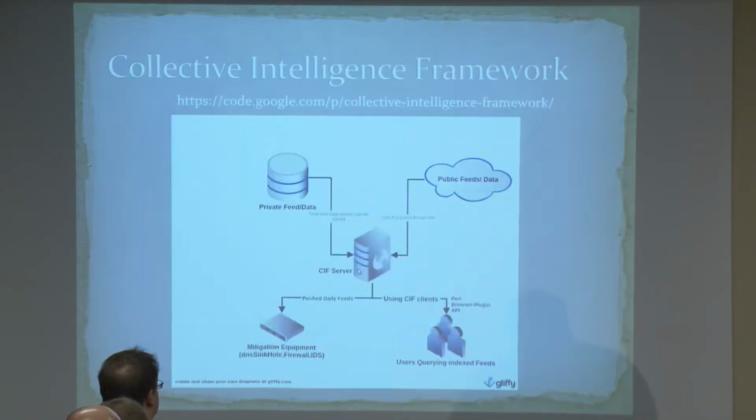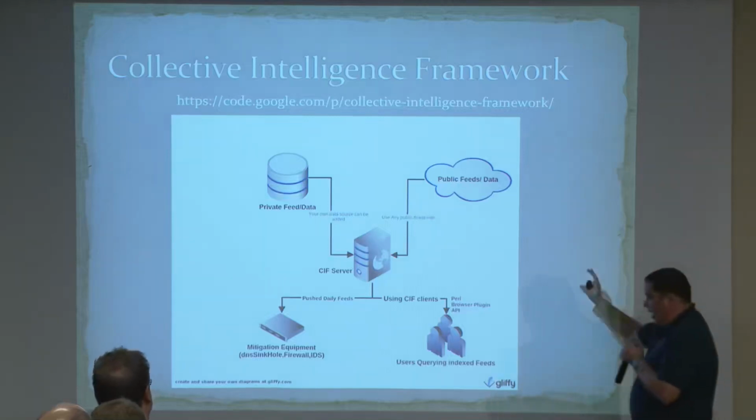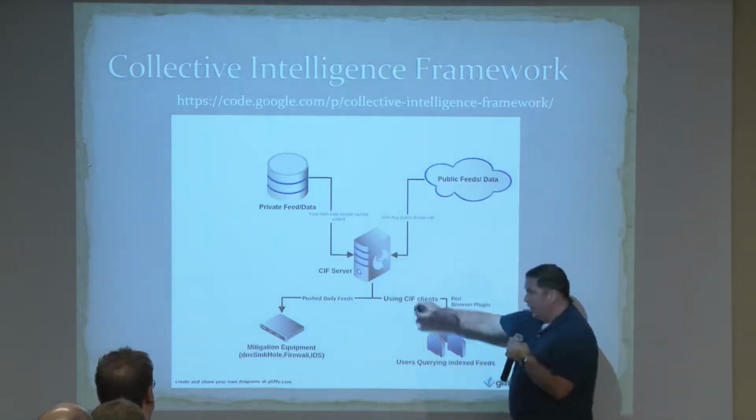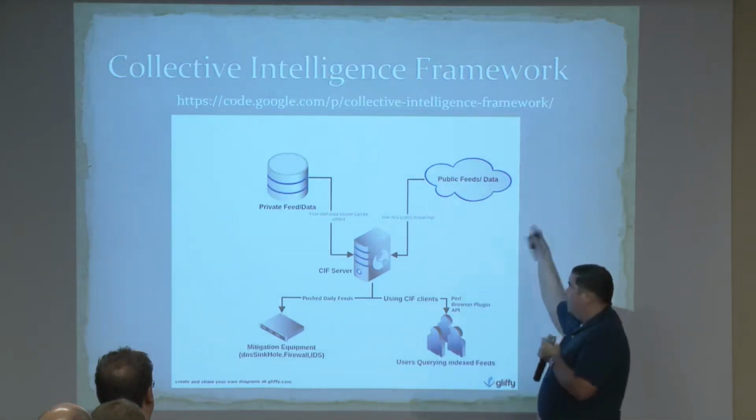I wanted to make a quick note of the Collective Intelligence Framework. This is a cyber threat intelligence management system that allows you to combine known malicious threat information from all sorts of different sources that use information for identification, detection, and mitigation. And this is free, open source, and basically you can download this CIF and you can collect data from all these different places.